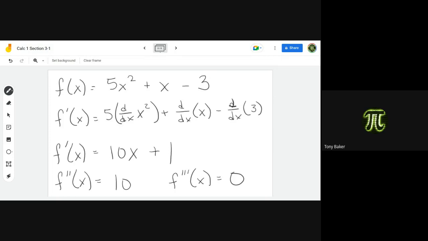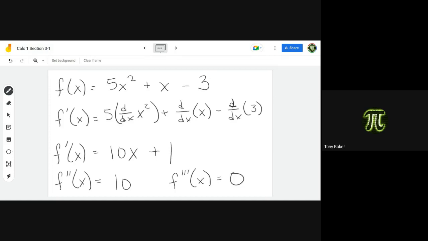The derivative of a constant is 0? Oh, derivative of 3 is 0? If y equals 3, what's the slope? Right, that's why. Because remember, derivative is just slope. So since 3 is a constant and the slope never changes in that, it's 0. And that's why even the derivative of 10 is 0.